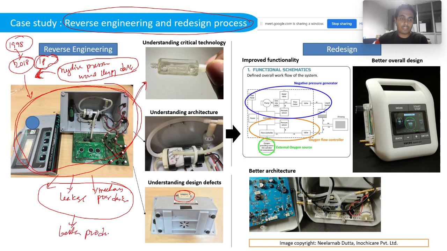So what we understood by dissecting this particular design is that there is certain critical technology they had for air pressure control, which is generally not needed if we do certain software level control system.